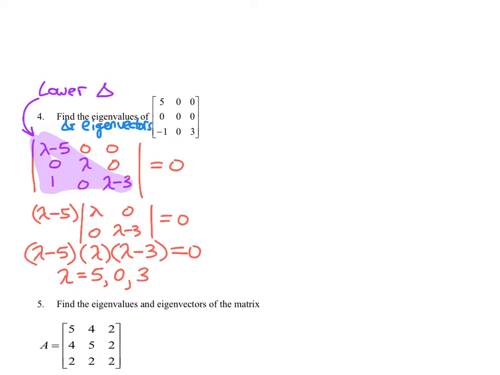So, using the characteristic matrix, I'm going to pop in first a 5. So at lambda equals 5, we'd have 0 across the top row, 0, 5, 0, 1, 0, 2.